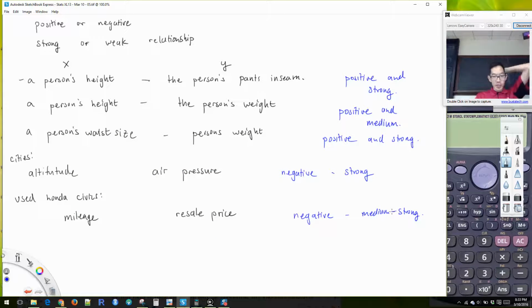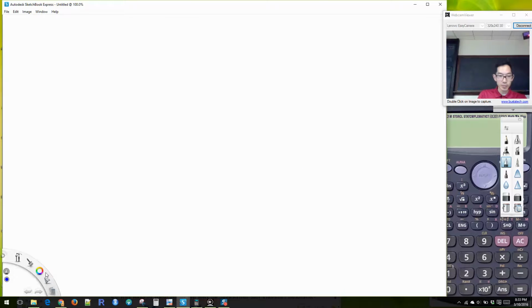As far as linear relationships go, there is a summary statistic that basically gives a numeric value to the direction and strength of a linear relationship. Okay.